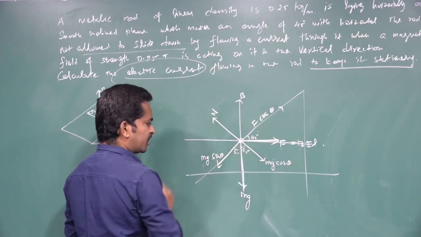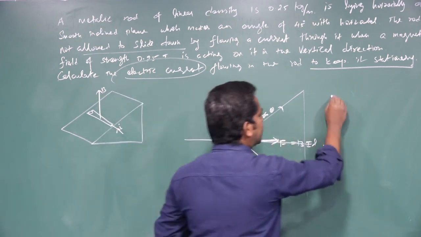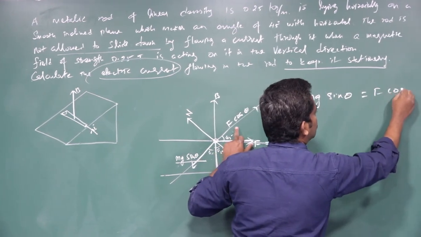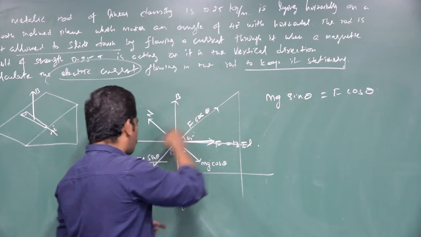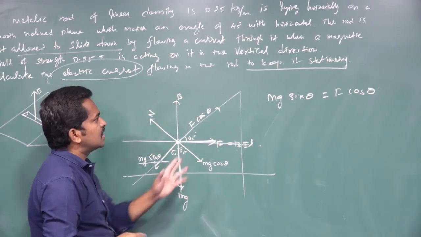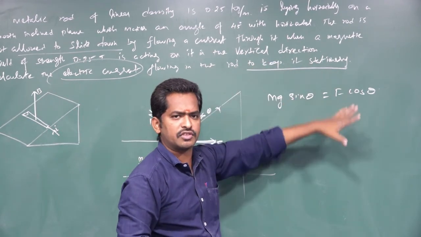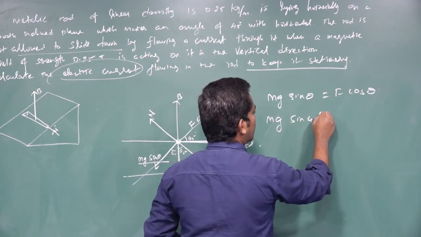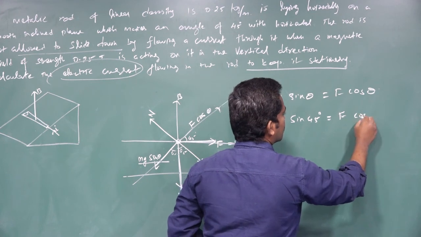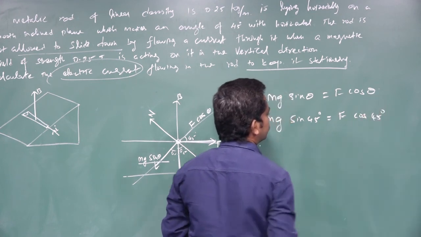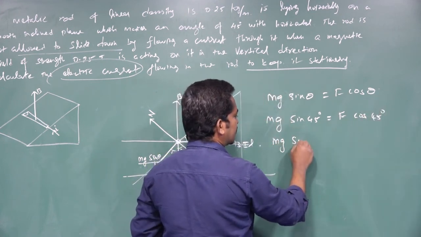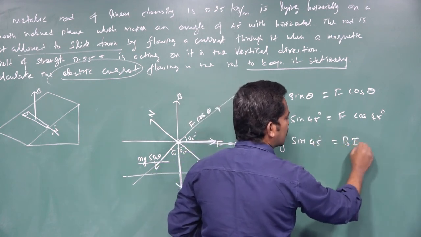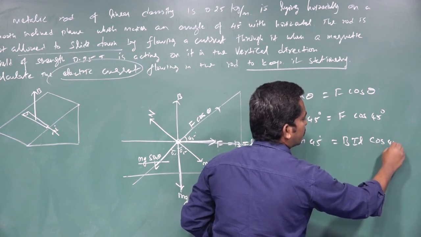So mg sin 45 is equal to F cos 45, which is BIL cos 45.